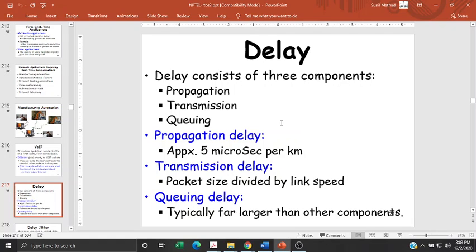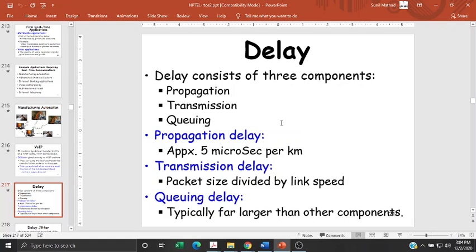If I am saying copper wire, there is some RC delay introduced, which is visible at the other end. So if it is expressed as 5 microseconds per kilometer, then a delay is expressed per kilometer of that wire. So a 5 microsecond delay is added to your packet with respect to the session.